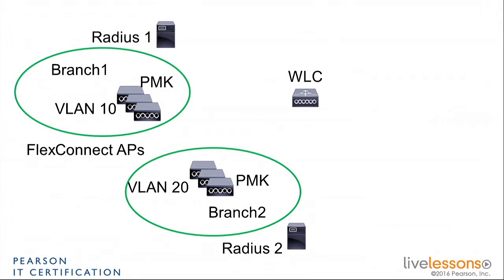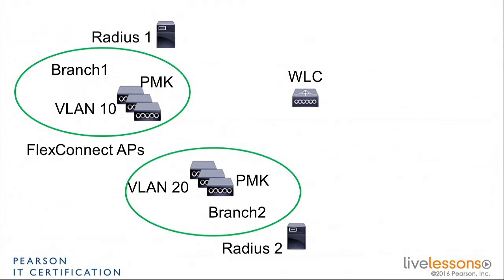The trick here that you need to remember is that the PMK is going to be sent to the APs in the group by the controller. So as long as the APs are in connected mode when the client associates, regardless of whether the authentication is local or through the controller, that AP is going to tell the controller about the PMK.